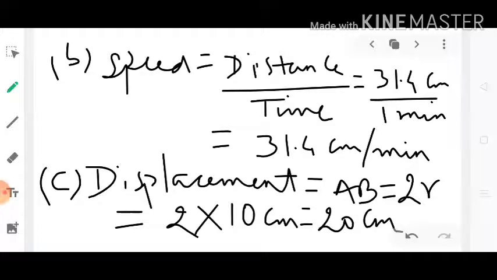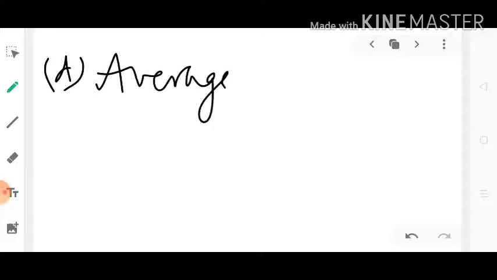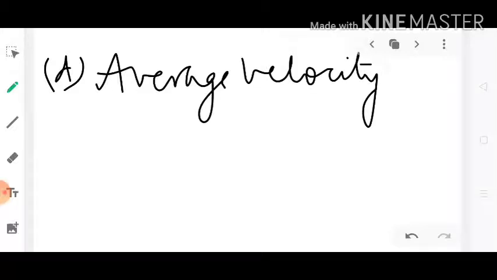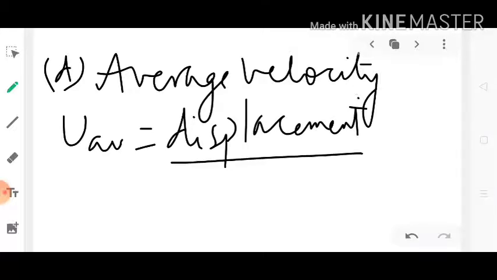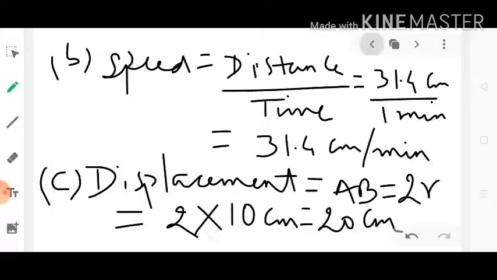Now we are left with the fourth part of this question. We have to find out average velocity. Now average velocity is given by the displacement divided by time.